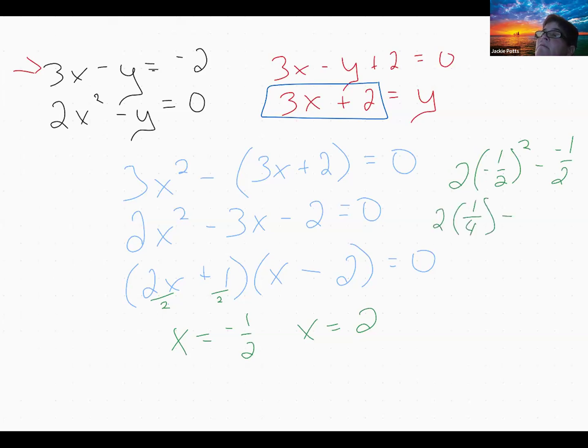And we got math there somewhere. Anybody see it? Because that gives me a positive 1/2. 2 times 1/4. So where's our math error?